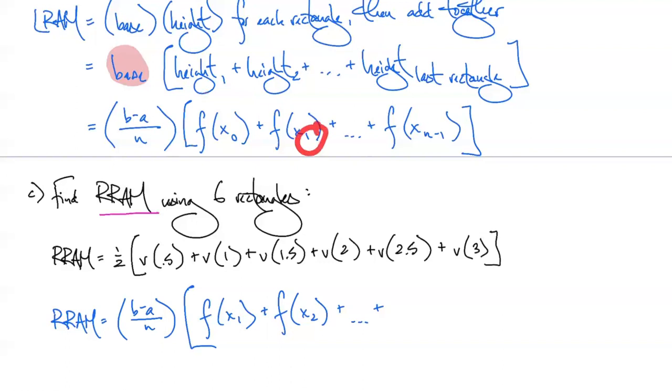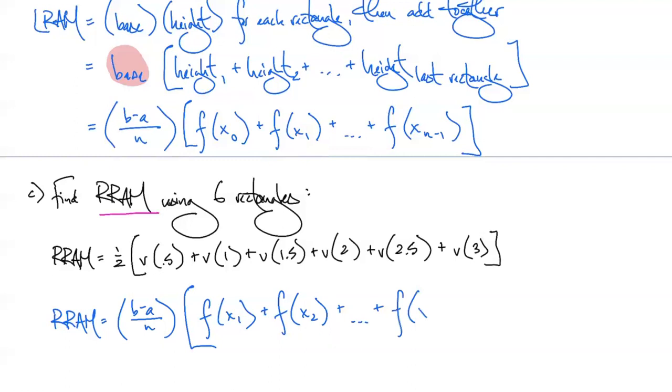So if I go with f of x sub 1, how do I get to f of x sub 2? I add 1. Okay, so now I have this subscript of n minus 1. When I add 1 to that, what do I get? I just get the n, okay?